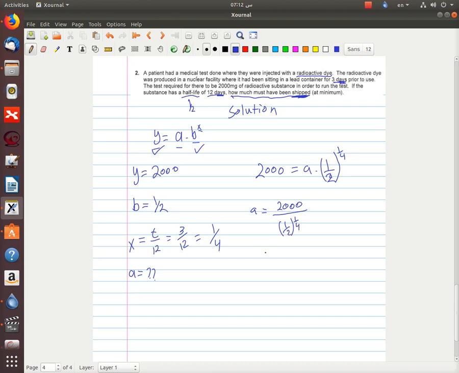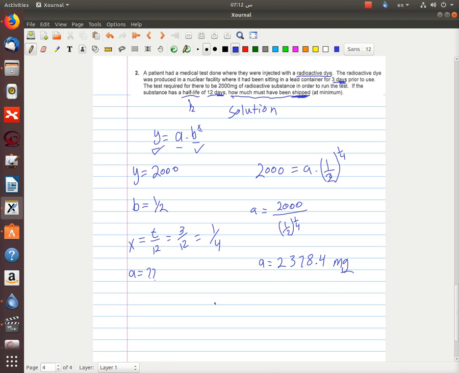If you put this in the calculator, you're gonna have a equal 2378.4 milligrams.